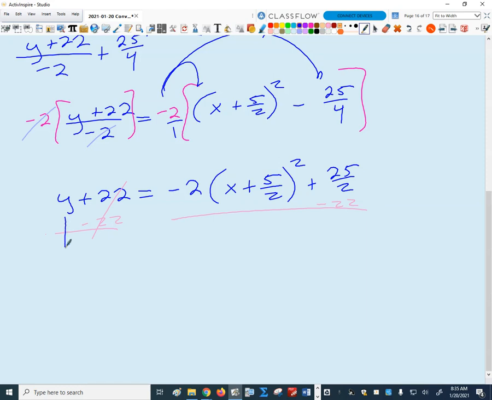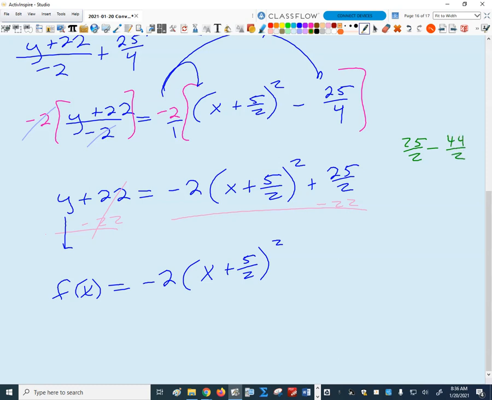And that gives us, we'll call that f of x equals negative 2 times the quantity x plus 5 halves squared. And then 25 halves, let's just do a little side math here. So we get 25 halves minus 22 would be minus 44 halves, right?